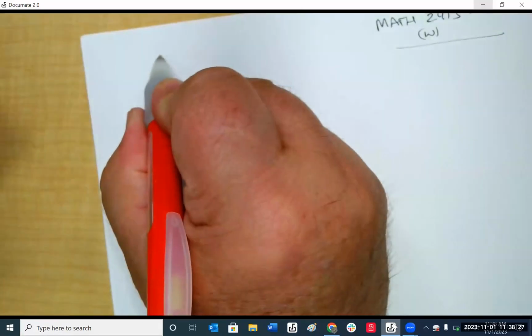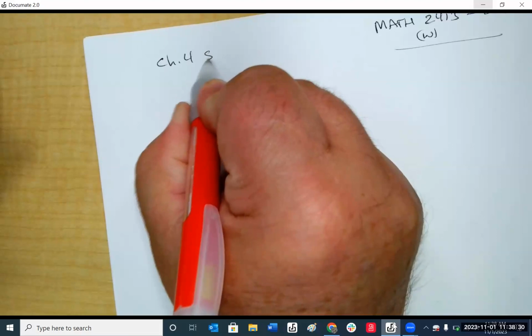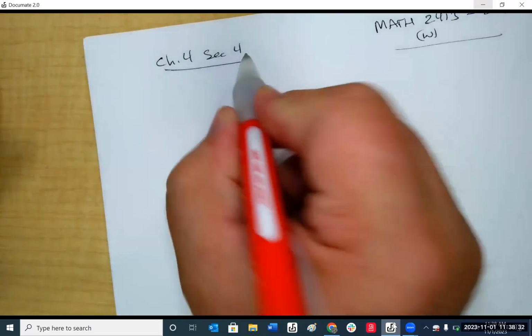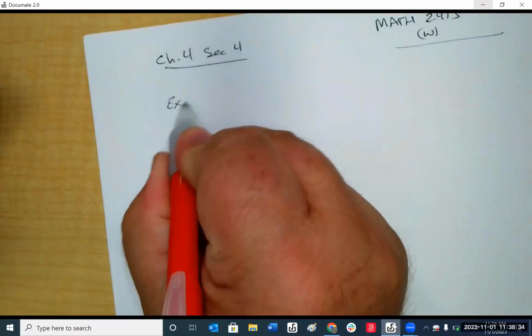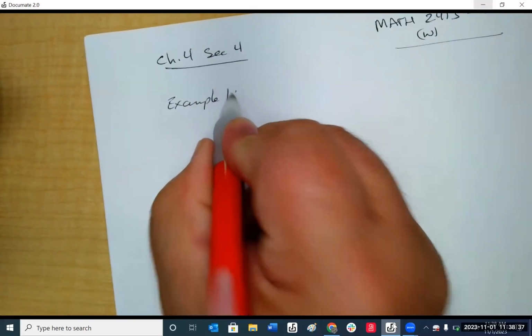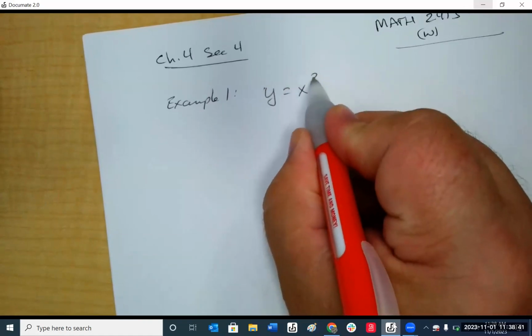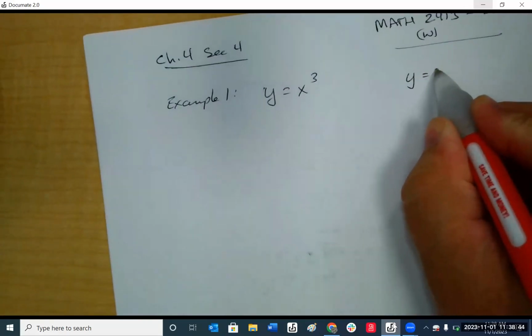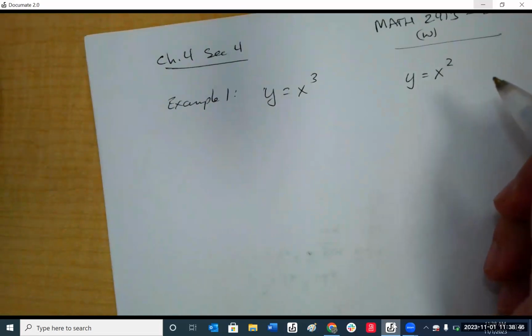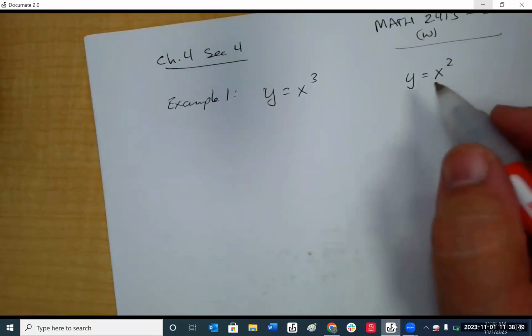This is Math 2413, day 20, the end of the 10th week, chapter 4, section 4, examples. So example 1, we have y equals x cubed and y equals x squared. Find the intervals where the functions have concavity.